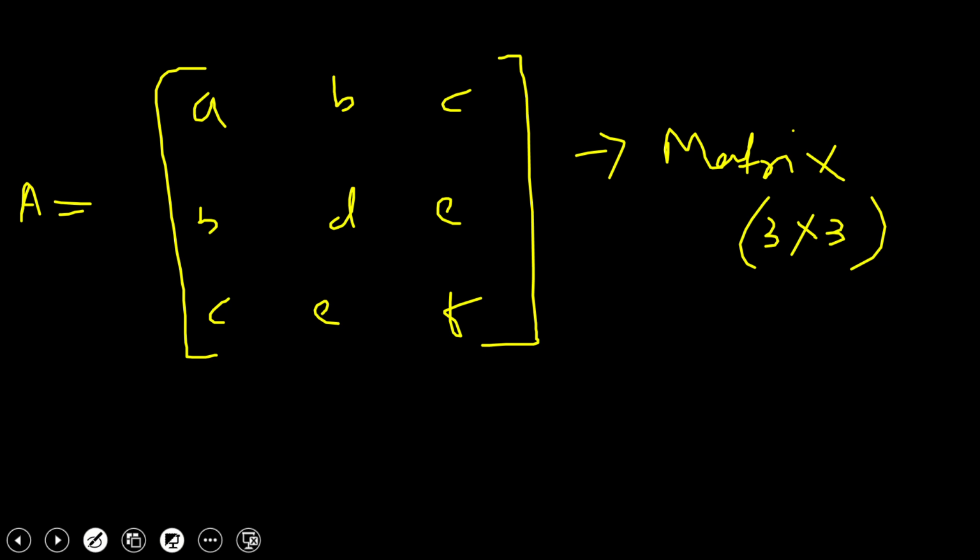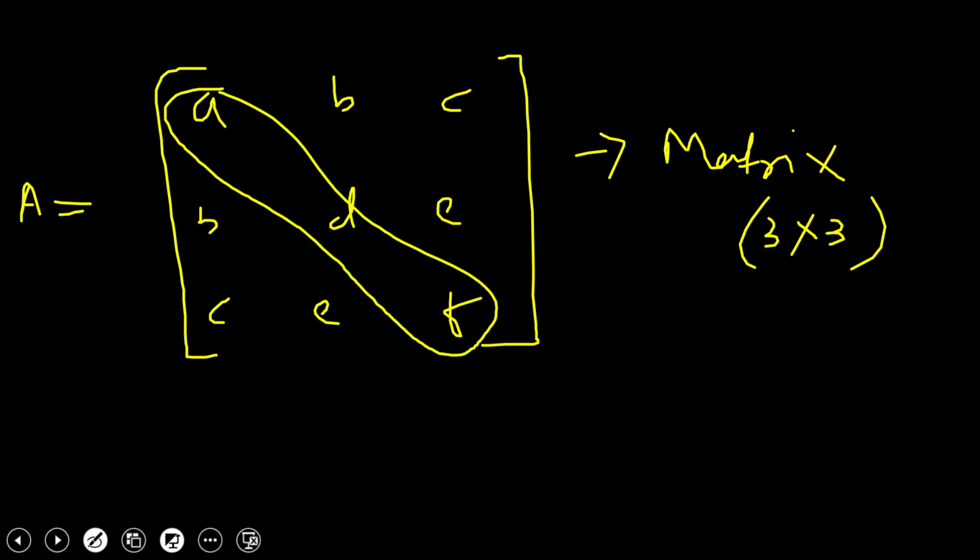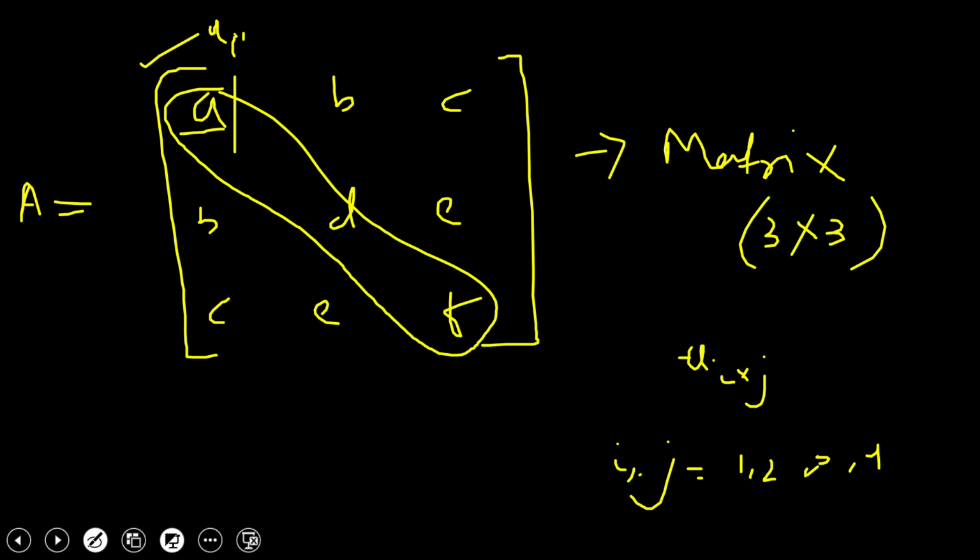In a matrix, we always consider this one as the diagonal. Each element is written as A I J, where I and J denote the positions starting from 1, 2, 3, 4. This one is in the first row and first column, so the position is A11.